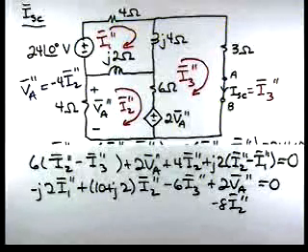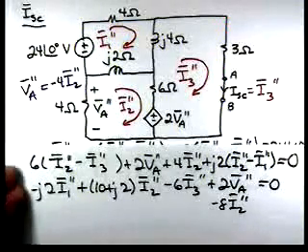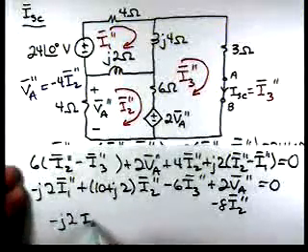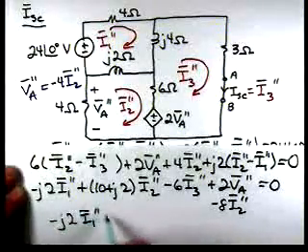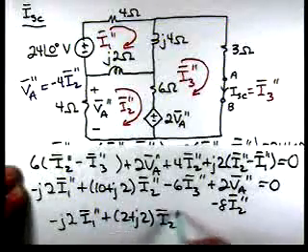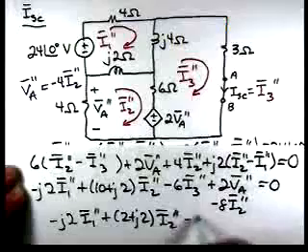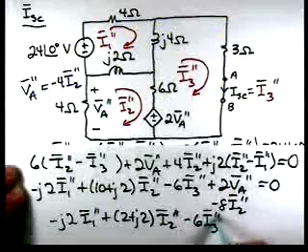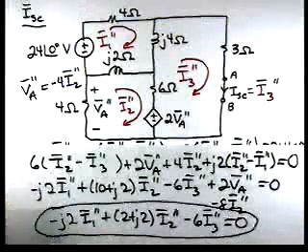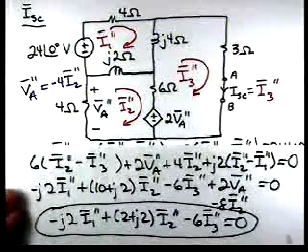So this equation becomes minus J2 I1 double prime plus (2 plus J2) I2 double prime minus 6 I3 double prime equal to 0. Okay, so there's our second equation.